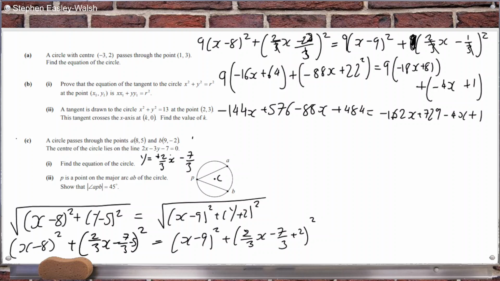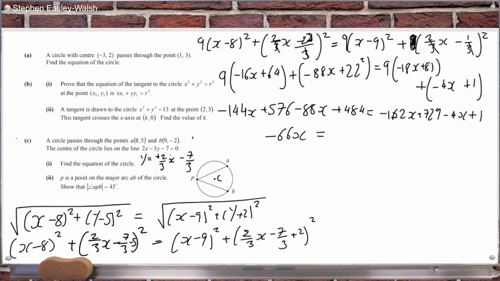Let's see. Minus 144 minus 88 plus 162 plus 4. It's minus 66. And then that would be 1 plus 729 minus 484 minus 576.